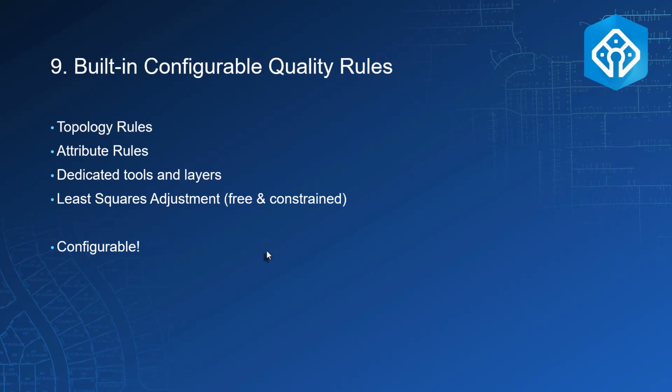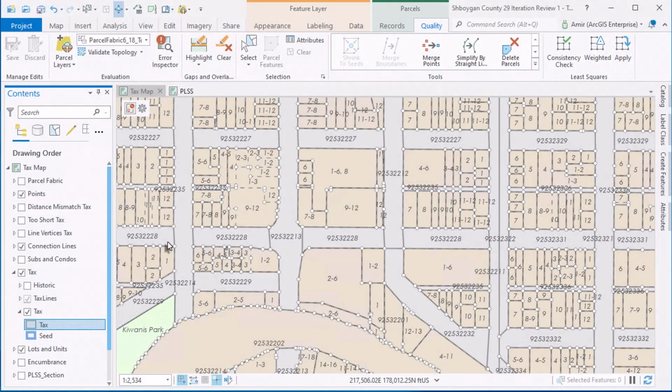For those of you that use meets and bounds, we use least square adjustment, both free network adjustment and constrained, using the DynAdjust least square engine from Geoscience Australia. This will be probably very interesting for those that do use least square adjustment. And everything, of course, is configurable because quality rules are different between organizations.